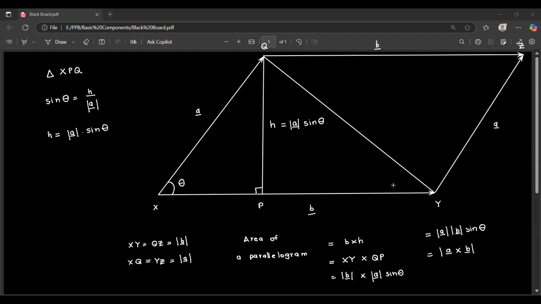So this is why we can also find the area of a triangle. The summary is, the area of a parallelogram can be given as the magnitude of A cross B. Area of a triangle can be given as half of the magnitude of A cross B. So this is the idea.